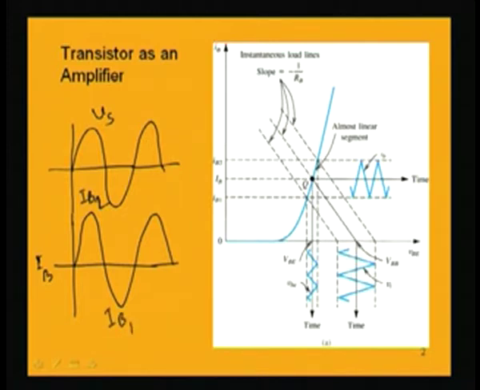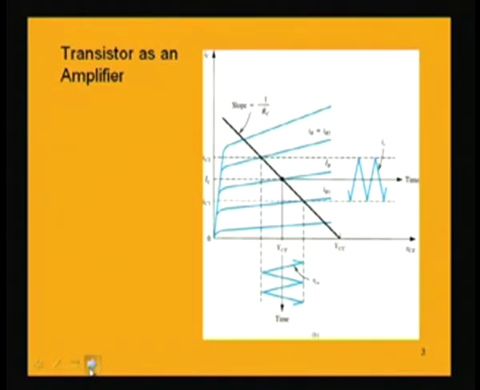So, this large signal at the input of the transistor will again cause a large IC, because IC is equal to beta times IB. If we now see the output characteristic, this IC signal, starting from the DC value of the collector current which is because of the Q point, will also be large.